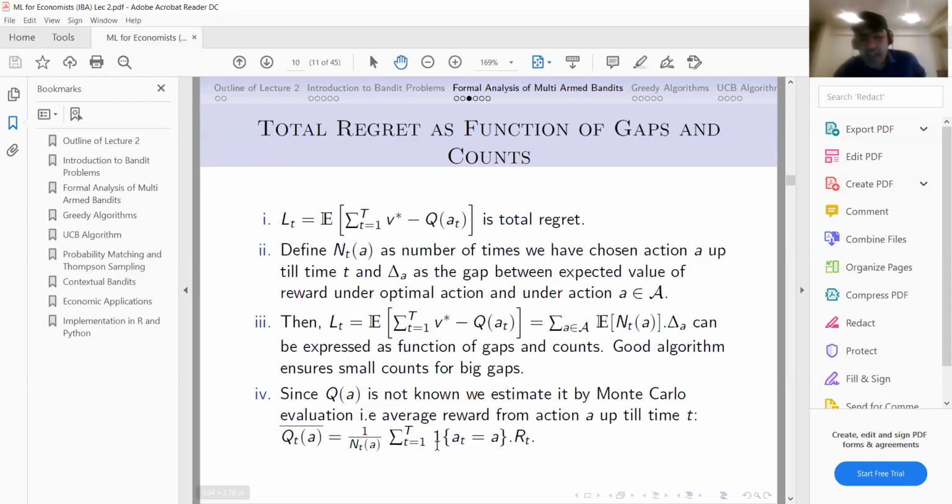So this is nothing but the average reward that you've got from choosing arm A or action A up till time t, right? So this is why I have a Q bar over here. In other words, this is just the sample analog, or the Monte Carlo evaluation, of the action value function. So this is just Q bar, which is just the average reward you've got from action A up till time t.